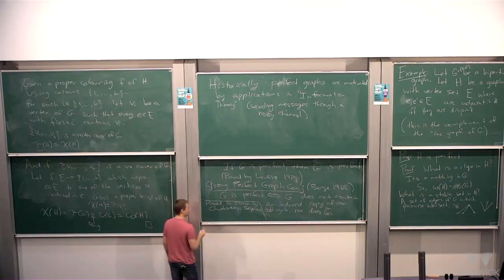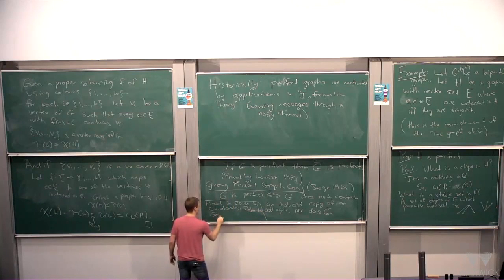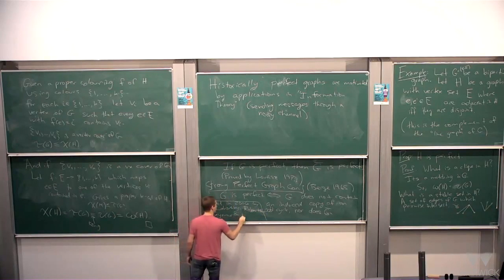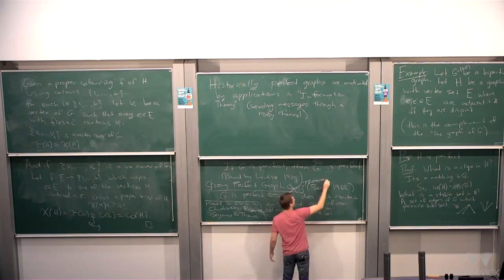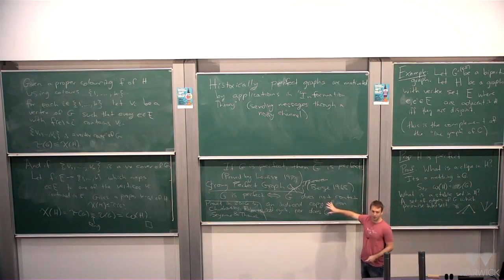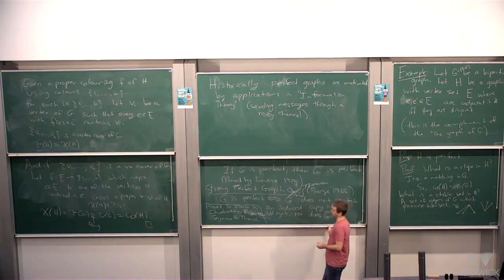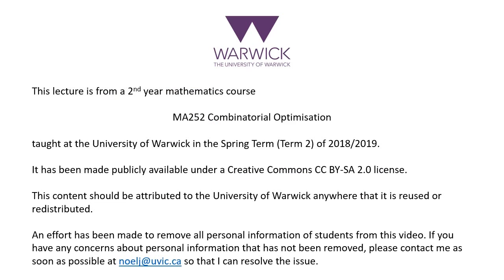It's not crucial that you know these things. So now this is not just a conjecture, but it's actually a theorem. And this is way too complicated for us to possibly present in this module, this strong perfect graph theorem. But the weak perfect graph theorem is somewhat nicer, and that's what we're going to do on Monday.